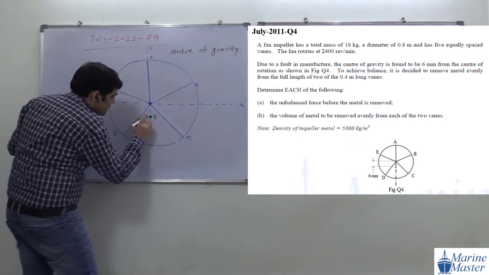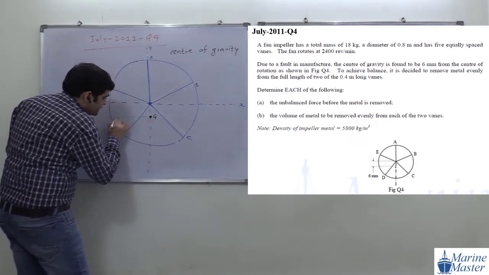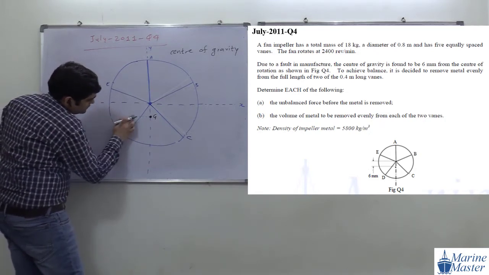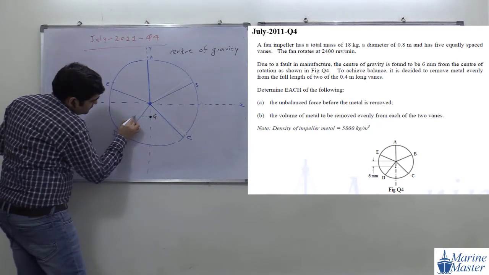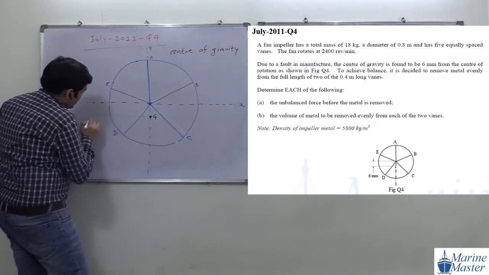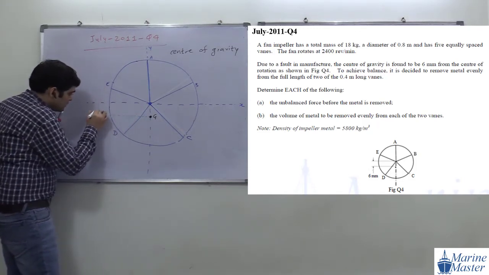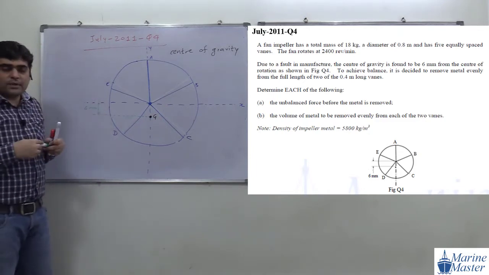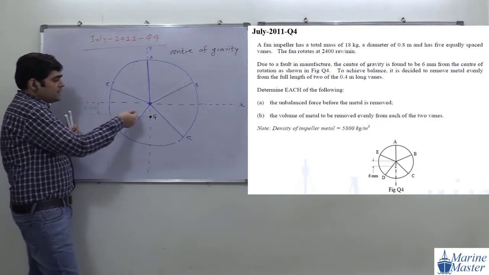This discussion is very, very important to us. So this is 6 mm, and this impeller's center of gravity is shifted by this.